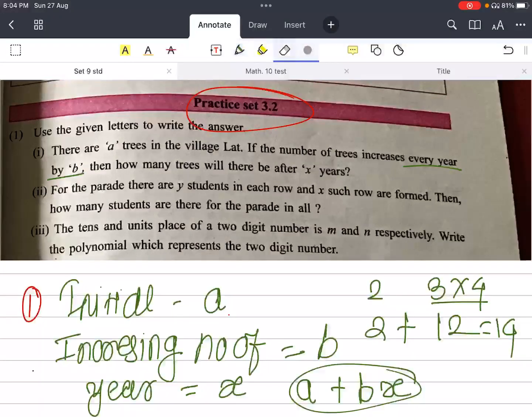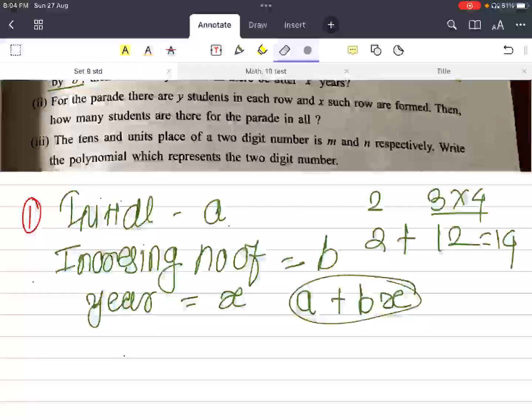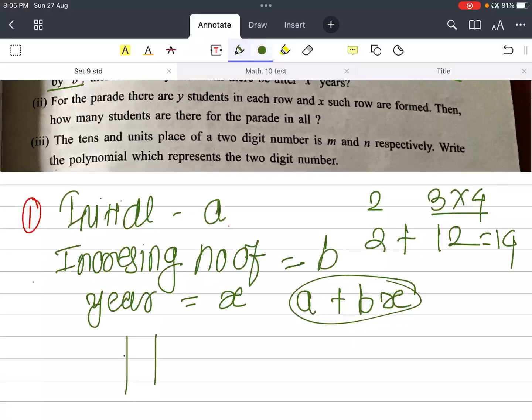Now, likewise, just assume the second question. For the parade, there are Y students in each row and X rows are formed. Then how many students are there for the parade in all? So take example one, two, three, four, the lines are there.